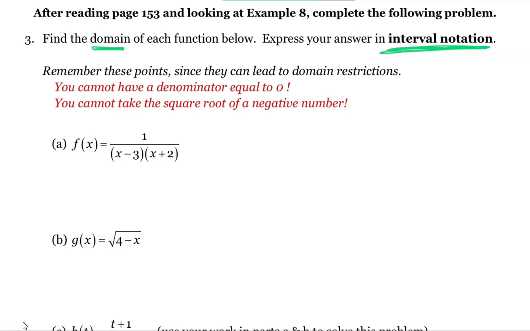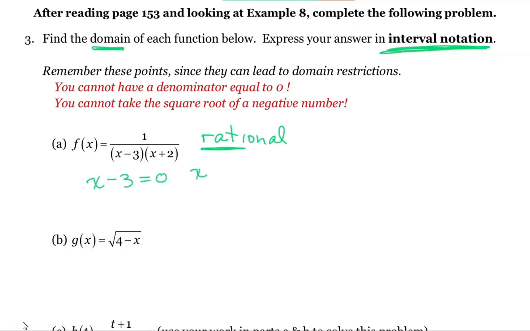When I look at my first problem, that is a rational function. Rational functions have ratios or fractions. Okay, looking at that, I know that I can never ever divide by 0. So in order to figure out what I need to eliminate from my domain, I'm going to take the denominator and set it equal to 0.